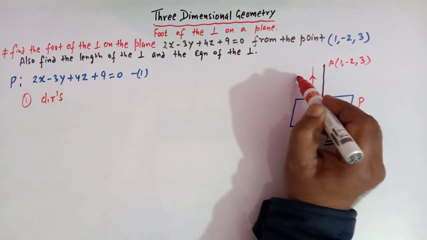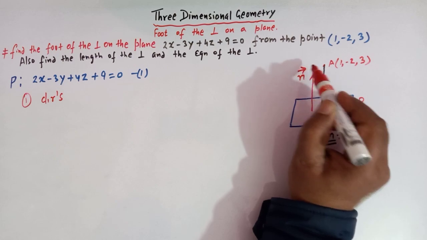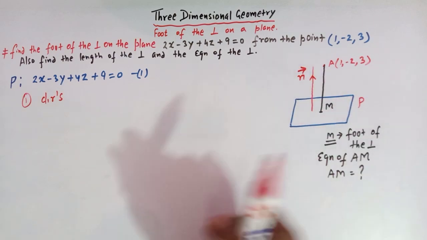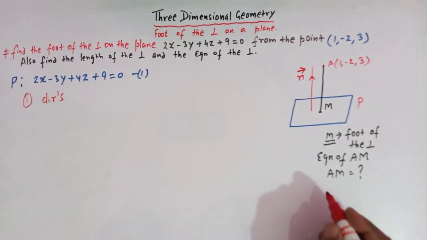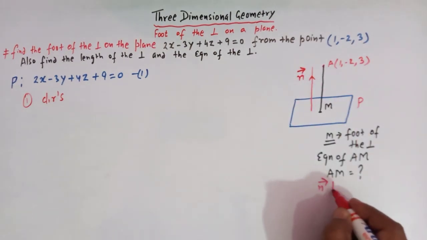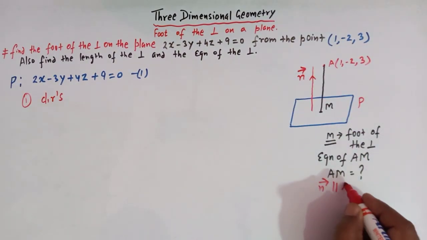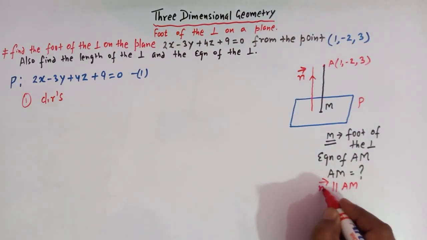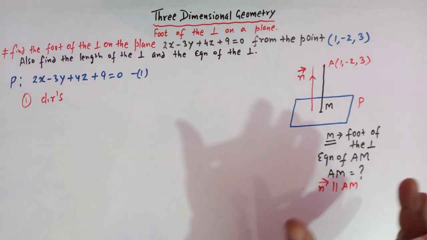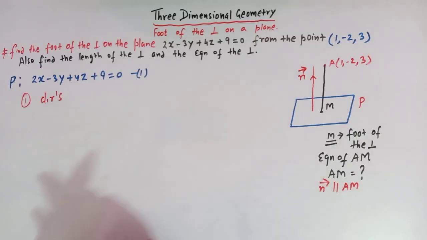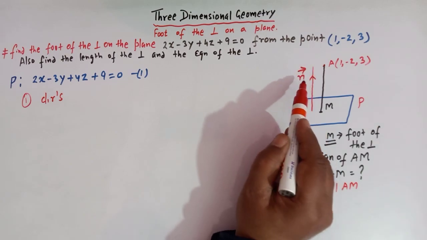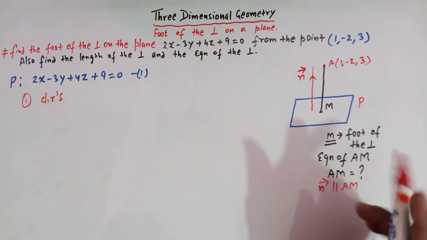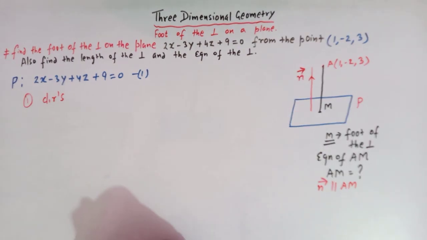This is the normal vector to this plane P. So obviously this normal vector is parallel to this perpendicular AM. This is a very important concept while dealing with lines and planes. So the normal vector is parallel to this perpendicular AM.